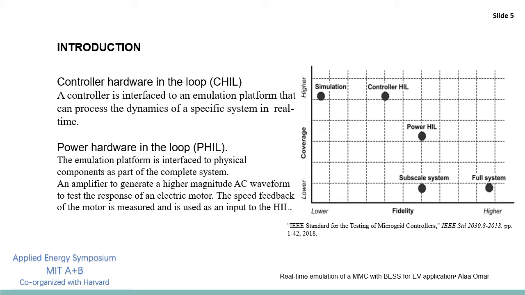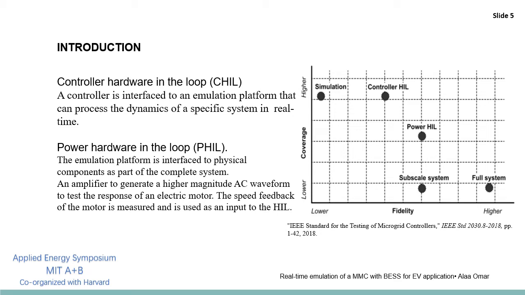However, it has a very low fidelity compared to the full system. In between the simulation and the full system, there is the hardware in the loop. The hardware in the loop can be categorized into two types. The first one is the controller hardware in the loop.